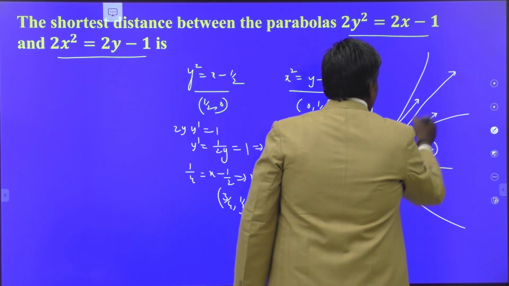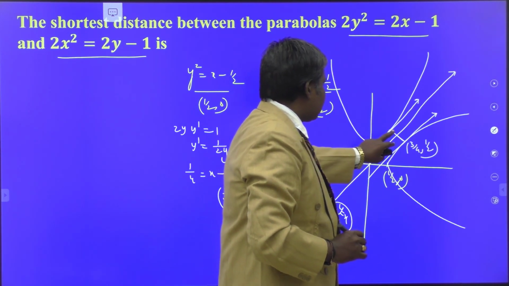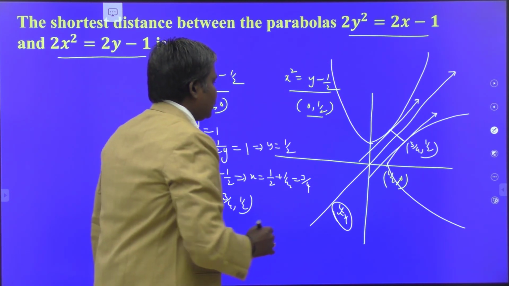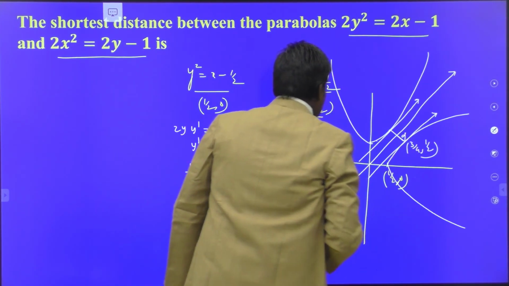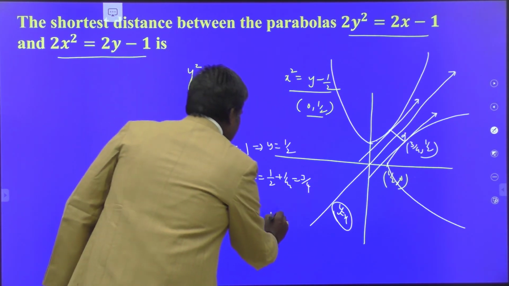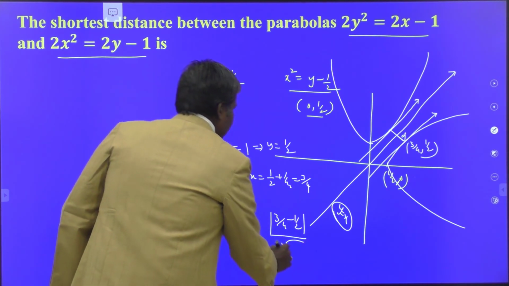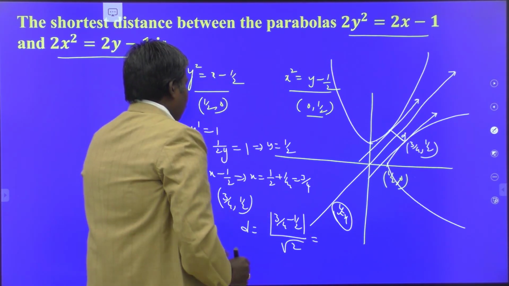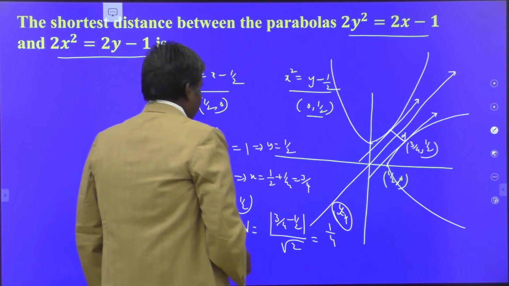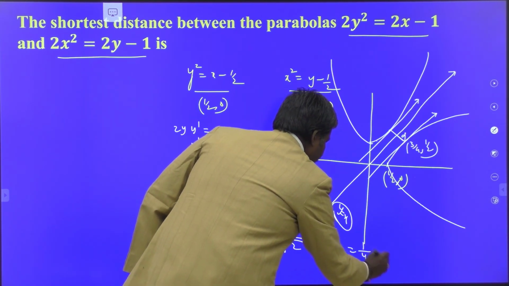So this is the line y = x. Can you find this perpendicular distance or not? You can find the perpendicular distance and double it. You get the shortest distance between these two curves. Suppose the perpendicular distance is d. Then d = |x − y|/√(a² + b²) = (3/4 − 1/2)/√(1 + 1) = (1/4)/√2, that is 1/(4√2).